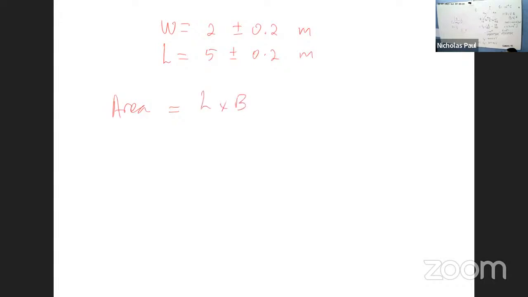Right, so what's here? How do we find the error in the area? So, for us to get the error in the area, the general formula is this. The area multiplied by the sum of their fractional errors.